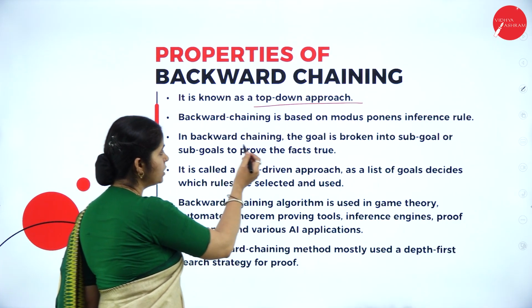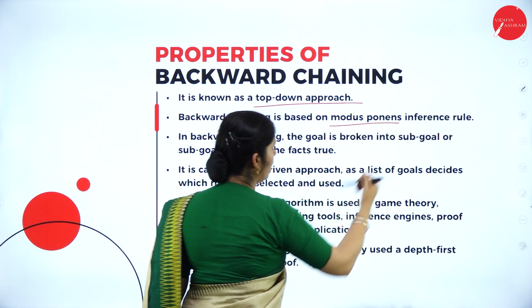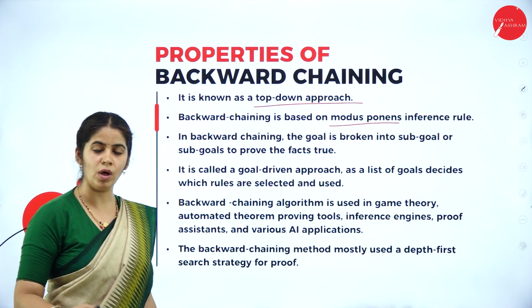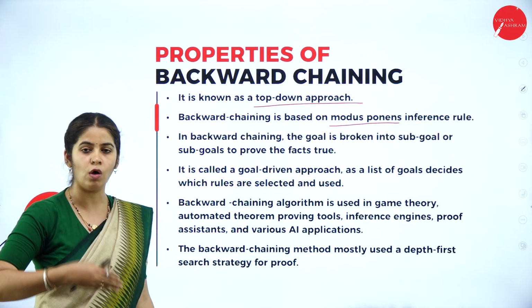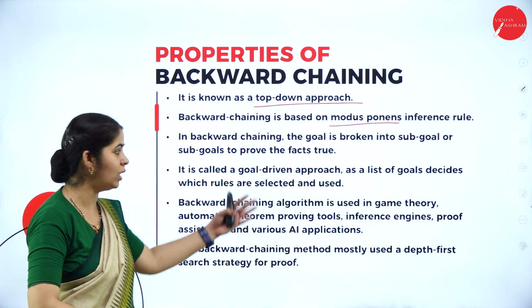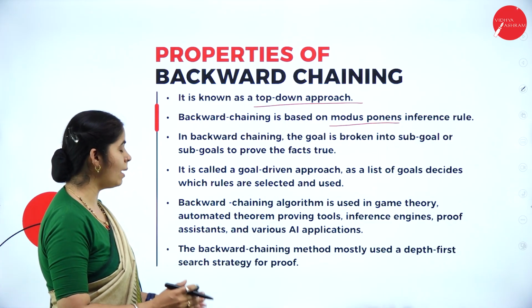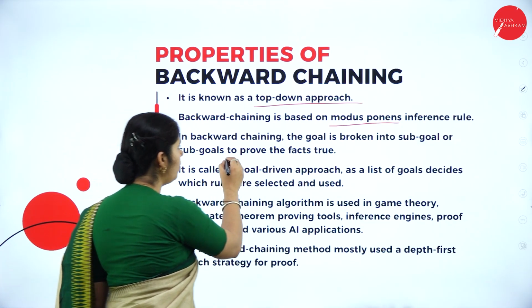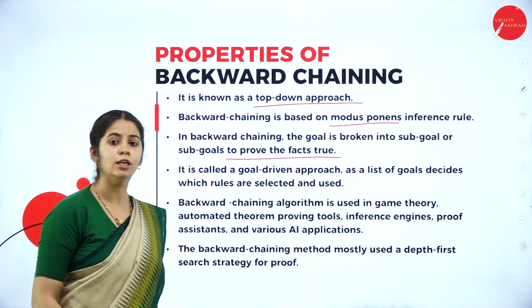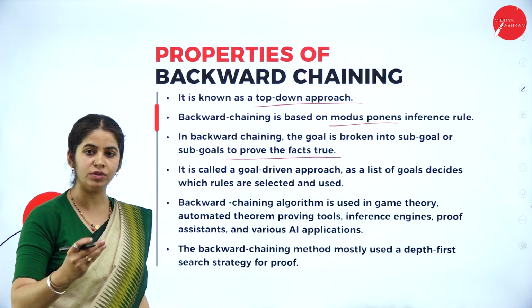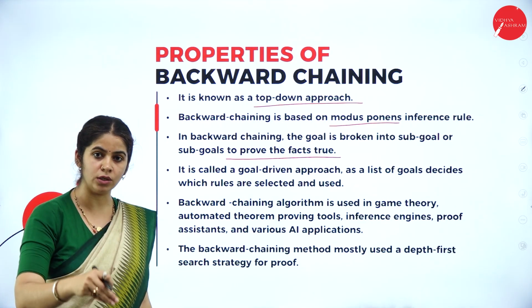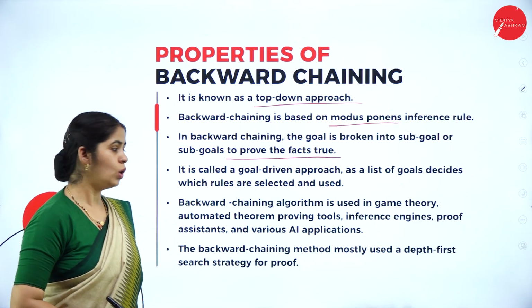Backward chaining is based on the modus ponens inference rule. Obviously, both forward and backward chaining depend on the same. In backward chaining, the goal is broken into sub-goals to prove the fact is true. Whatever fact we have taken, we are proving those facts are true because we already know the goal state.